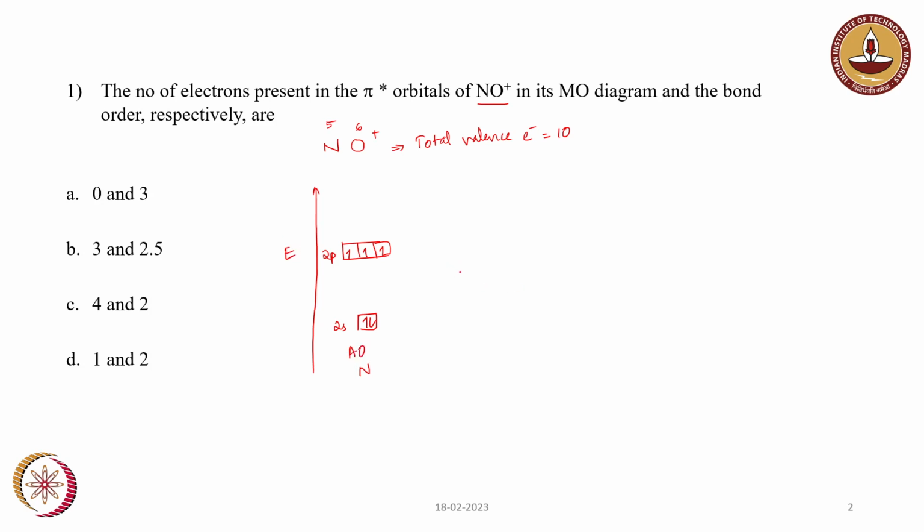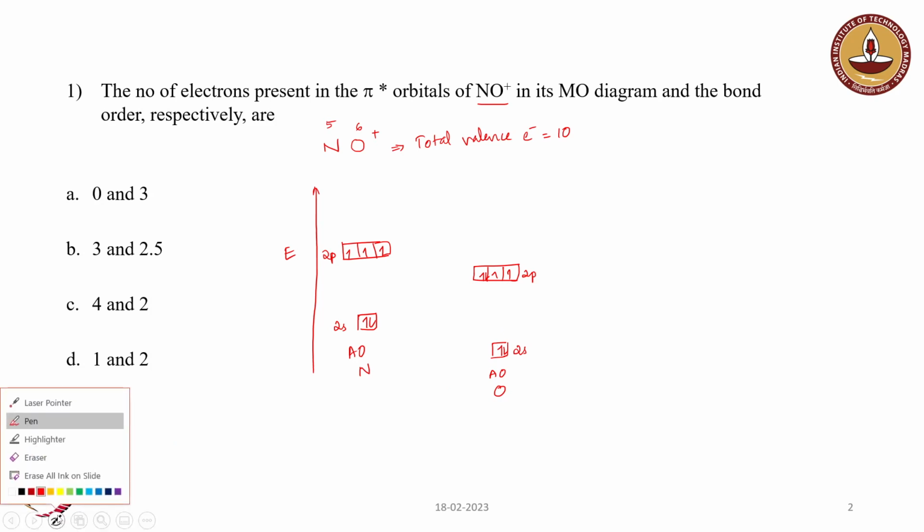And for oxygen it's 2s2 and 2p6 for atomic orbital of oxygen. Since oxygen is in its plus state, only 5 electrons will be there.